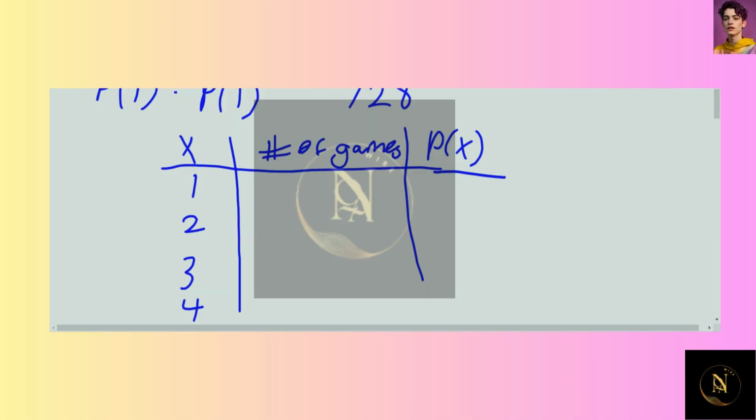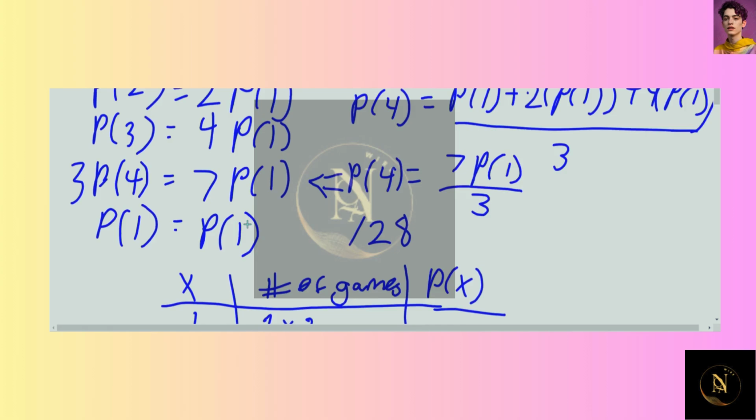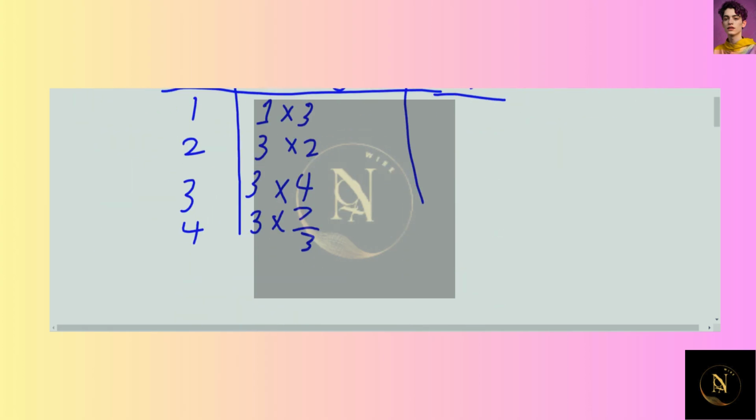So we'll start with the number of games for our 1 value. It'll be 1 times 3. Our 2 value will be 3 times 2. And we'll have 3 times 4, 3 times 7 over 3. And as you can see, all of those values are based on our ratios we calculated before.